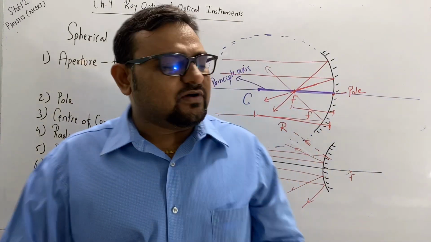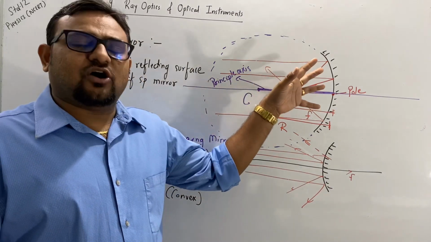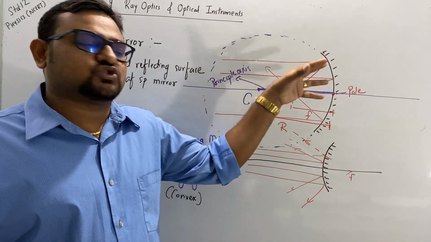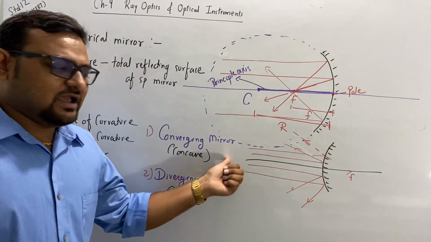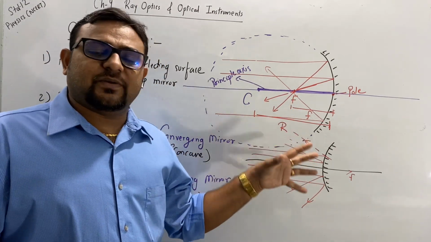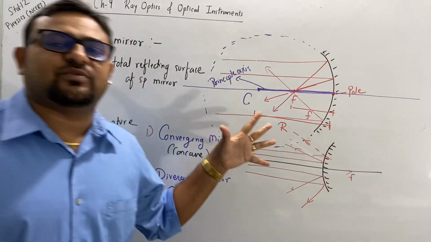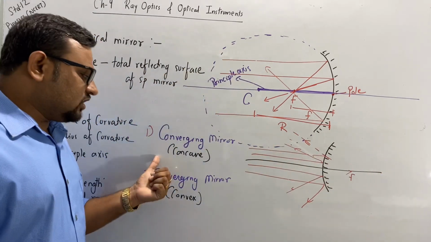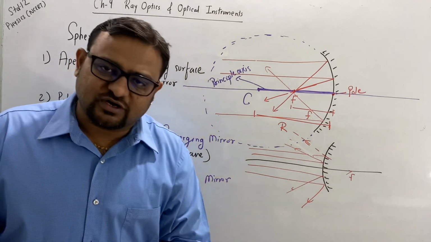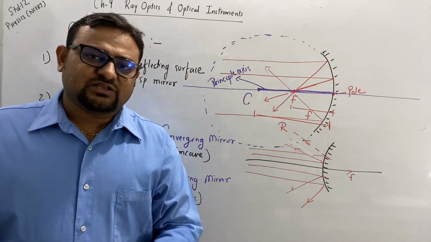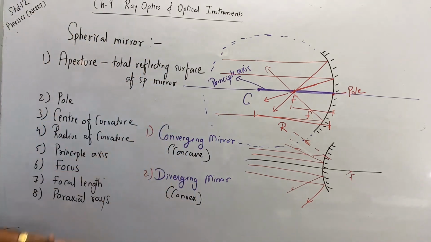Converging mirror, when parallel rays are incident, all the reflected rays converge towards a common point called focus. That is called converging mirror. And in diverging mirror, they appear to diverge away from the focus. Concave mirror is converging mirror and convex mirror is diverging mirror. Okay, so just go through these topics.